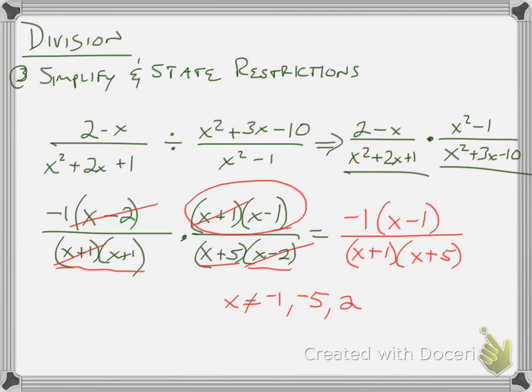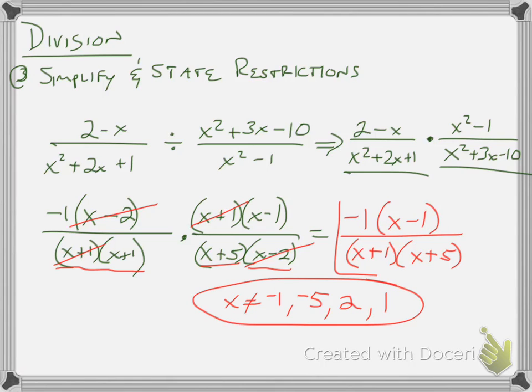Because if you remember, this came from this right here. And that was in the denominator at some point. So that means x cannot equal negative 1. Well, I already have that one. But that means x cannot equal positive 1 as well. So those are my restrictions. This is my simplified form.